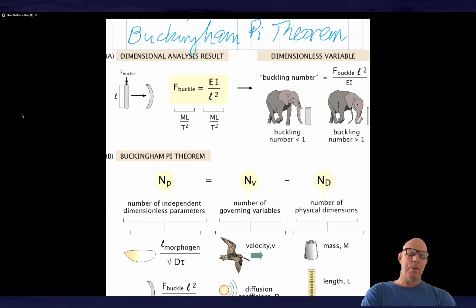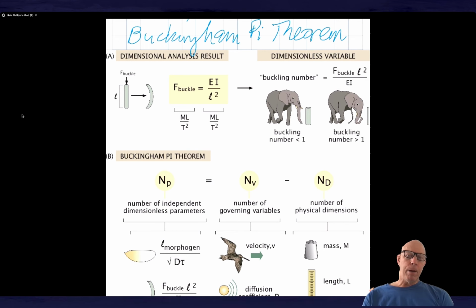So let me actually use the example shown at the top. I'm not going to derive it at the moment, but the force to buckle a rod, if you have a rod of length L, think about when you take a straw and you push on it from above. With a sufficient force, it will buckle. And when I say buckle, you know exactly what I mean. It will bow out.